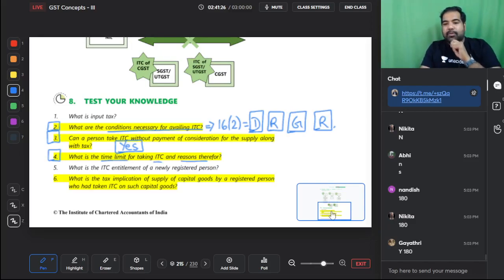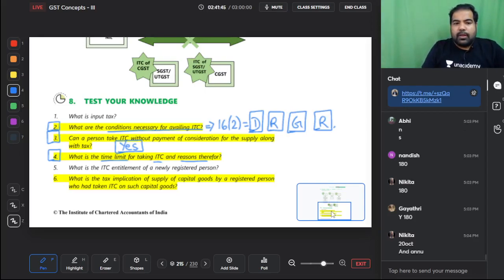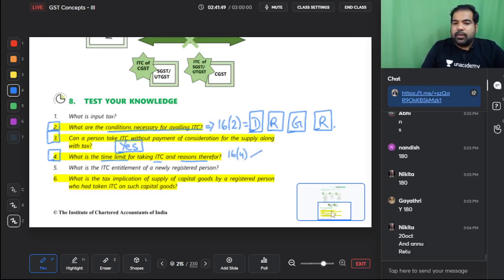Guys, the section is section 16(4). The time limit is either 20th October, that is the September returns due date, or the annual return filing date, whichever is earlier.